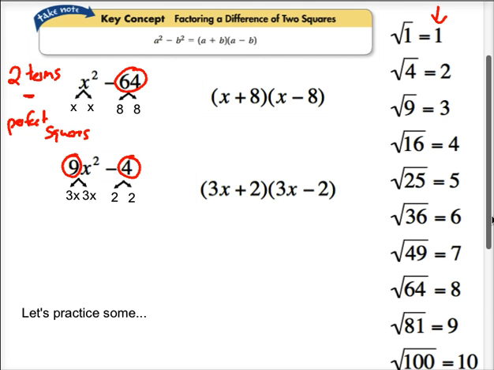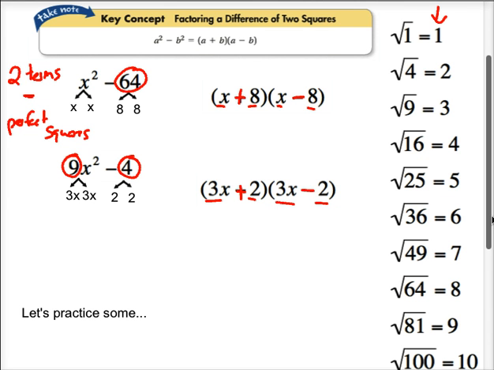The way to set it up is you always get a plus and a minus because that's what's going to cancel the insides. Then you just plop it in, x and 8, because that's what gives you x squared and 64. Here you set up the plus and the minus. The 3x's give you the 9x squared, and the 2's give you the negative 4.